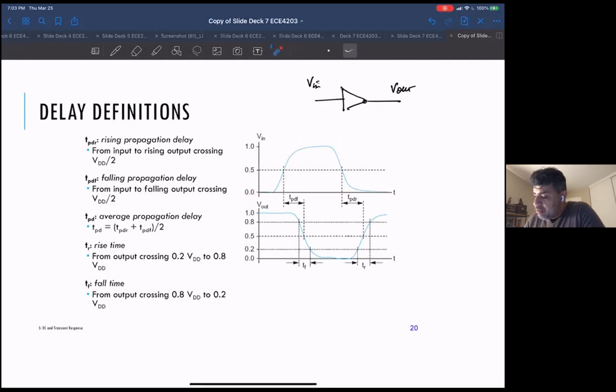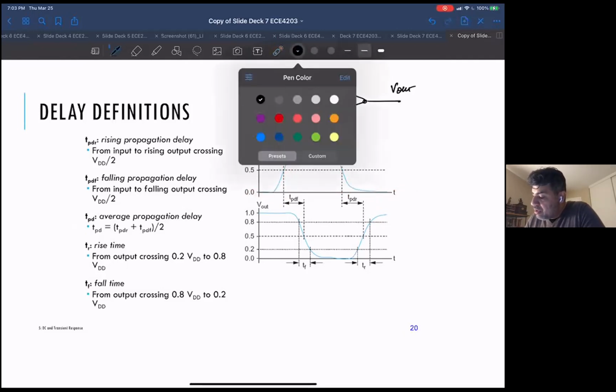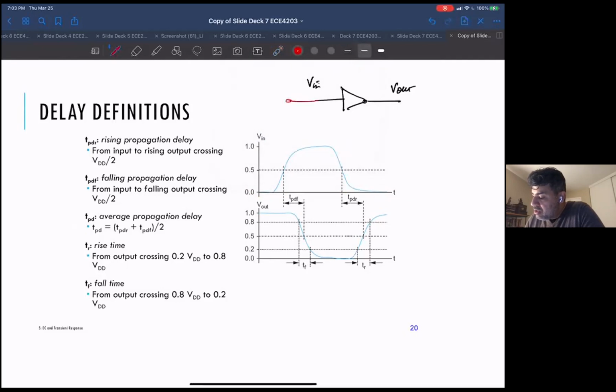But this is what things would look like if there was another stage driving this Vn. So call that Vn prime or something. Vn would have its own rise time, and some funky shapes here, and a fall time, some funky shapes here.